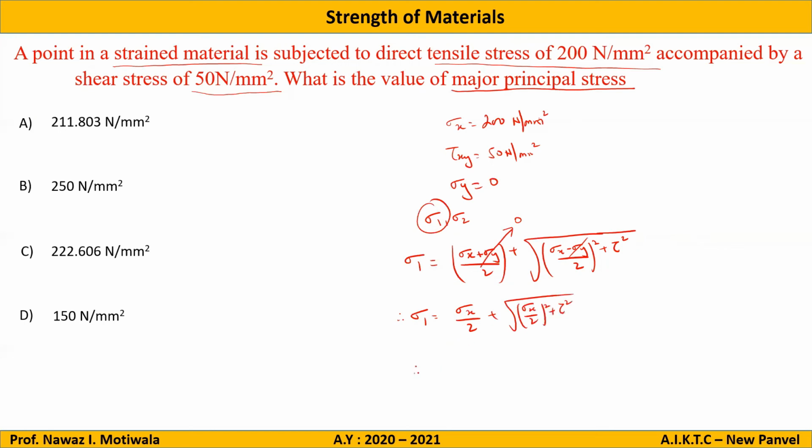On substituting the values, I will get the answer for sigma 1, that is the major principal stress, as 211.803 Newton per mm square, which is option number A. Now suppose in this question it was asked for the value of major and minor. Then I will write sigma 1, 2 with plus or minus, and I will get the answer for sigma 2 also from this particular formula.